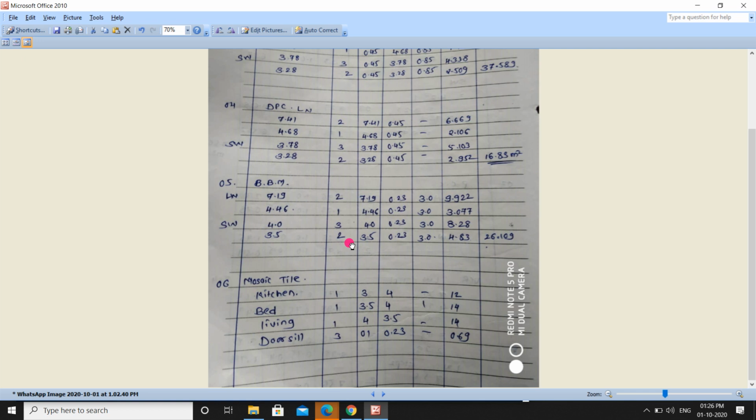And there are 3 doors. The length of the door is 1 meter, the width is 0.23, and it is 0.69 square meter. Just add this and you will get the total quantity of flooring.